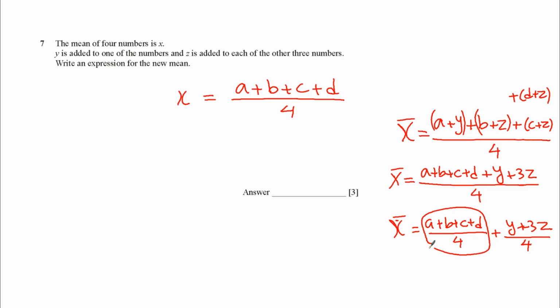So I can write that x bar equals x plus y plus 3z divided by 4. So the answer to write an expression for the new mean is: the new mean would be x plus y plus 3z divided by 4.